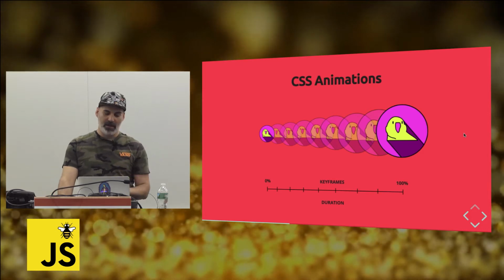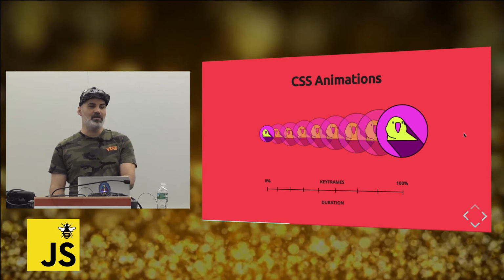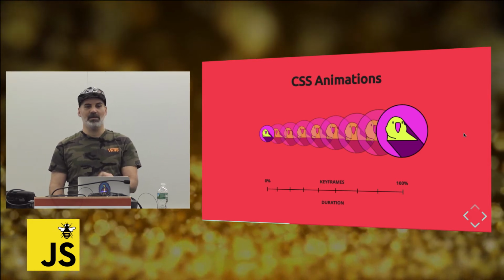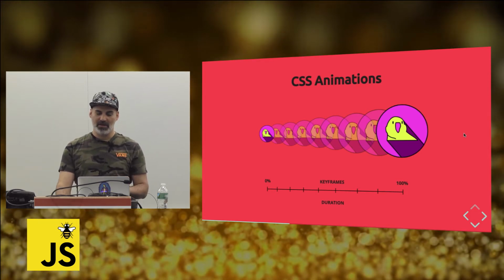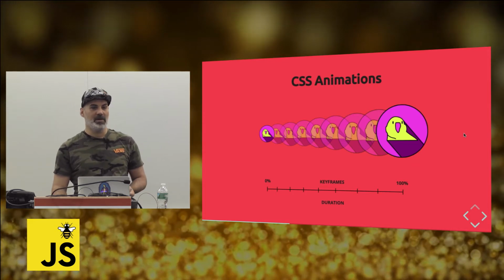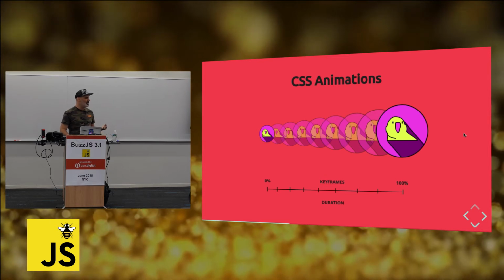Imagine if we have an animation of 2 seconds, the browser is going to be really busy calculating these intermediate states. It needs to change the position, it needs to change the size, it needs to change the scale, and that's going to be intensive on the CPU. So that's also one of the things that you need to take into account when building your animations.